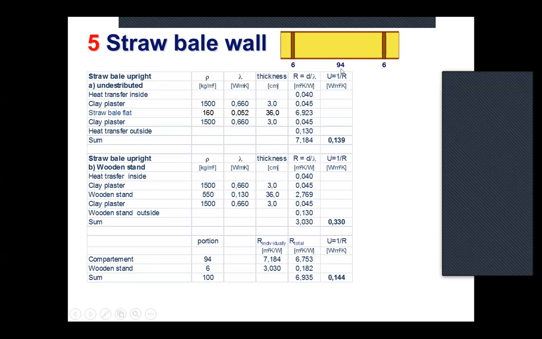And what we have calculated until now was that the heat flow went through this layer of straw. But then we have a part where the heat goes through this post, and it goes there with a big tendency, because from the physical rule, heat chooses the lowest resistance.